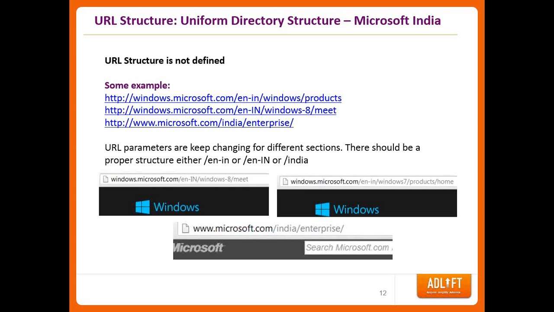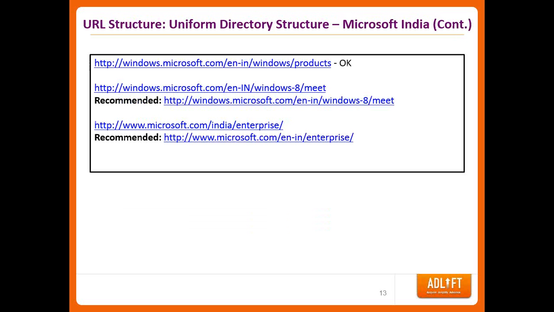First is the small en-in, the other one is capital, and the third one is /India. So what is the recommended URL structure for that? They should stick with one URL structure, one directory structure. The first one, /en-in. So what they should do is 301 redirect the other ones to the recommended URL structure.